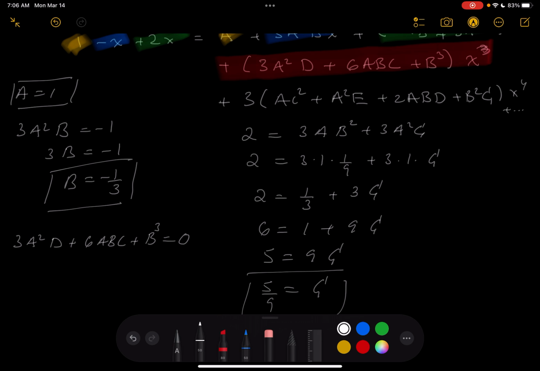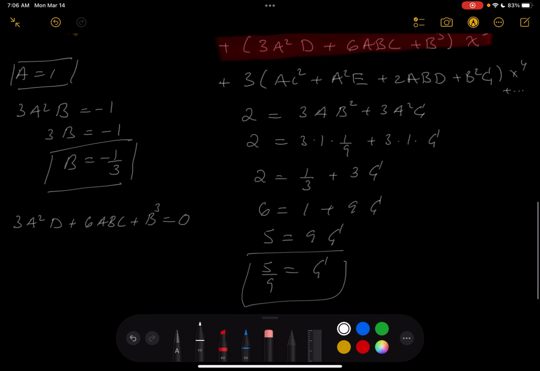Okay, I've got troubles now. I've got to do this. So 3a squared d is 3d, plus 6abc. 6, a is 1, b is minus 1/3, and c was 5/9.